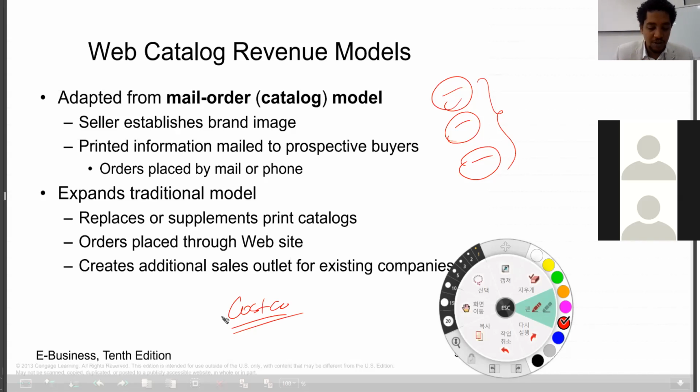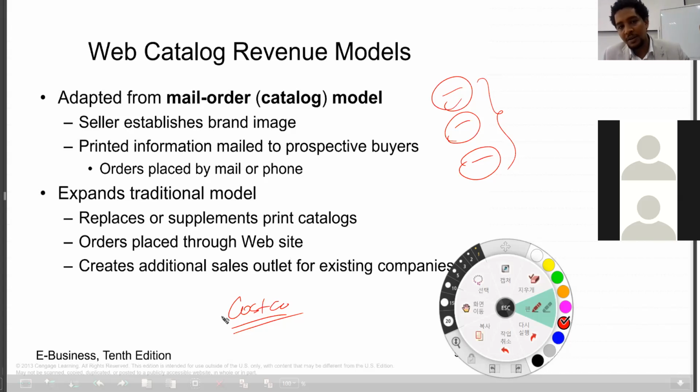On these catalogs there are products and prices, right? We see these products and their prices, and the good part is in Costco you can order online. Because now we have the internet and we have these websites, we can order the products online.